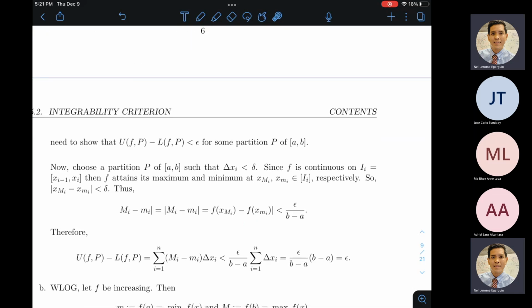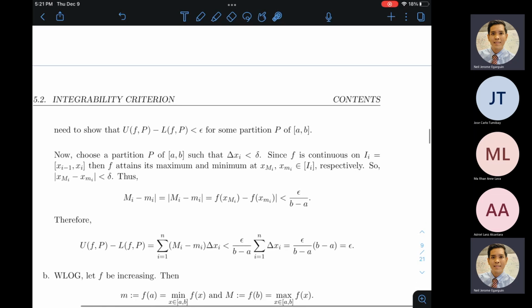Now, f is continuous on the closed interval AB by assumption. So therefore, it must be continuous on the closed interval or actually on any closed subinterval induced by the partition inducer P. So magiging continuous siya dito sa subinterval na to na nabigay sa atin ng partition inducer. Okay?